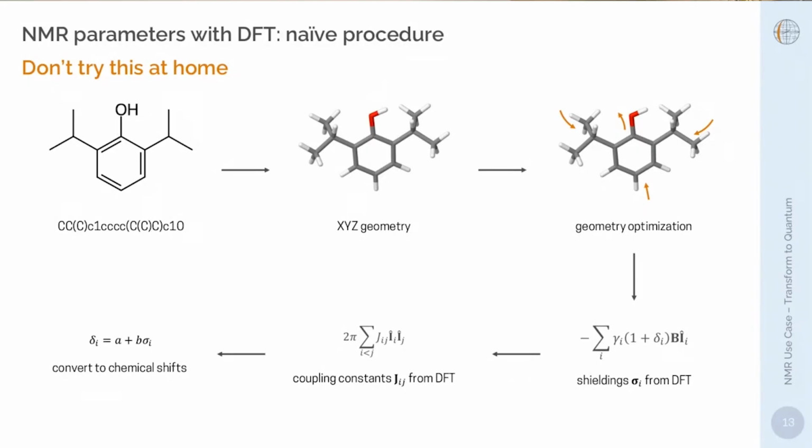Then we determine the precise atomic positions in space, which is done with the so-called geometry optimization. Then we deploy density functional theory, and a few codes, one of which we license, are capable of computing NMR parameters. So we calculate the shieldings, we calculate the J coupling constants, and then we determine the final parameters that you can actually measure in experiment.